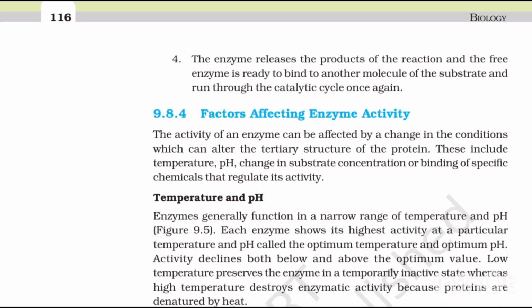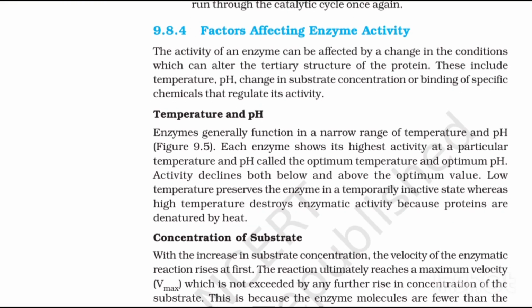Factors affecting enzyme activity. The activity of an enzyme can be affected by a change in the conditions which can alter the tertiary structure of the protein. These include temperature, pH, change in substrate concentration, or binding of specific chemicals that regulate its activity. Temperature and pH. Enzymes generally function in a narrow range of temperature and pH, which can be seen in figure 9.5.